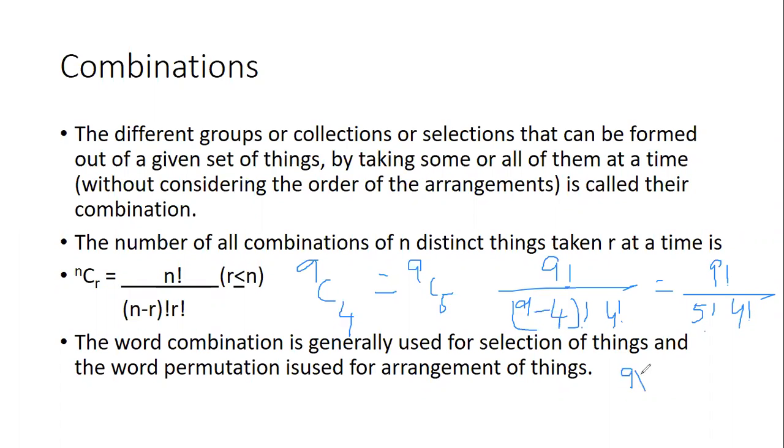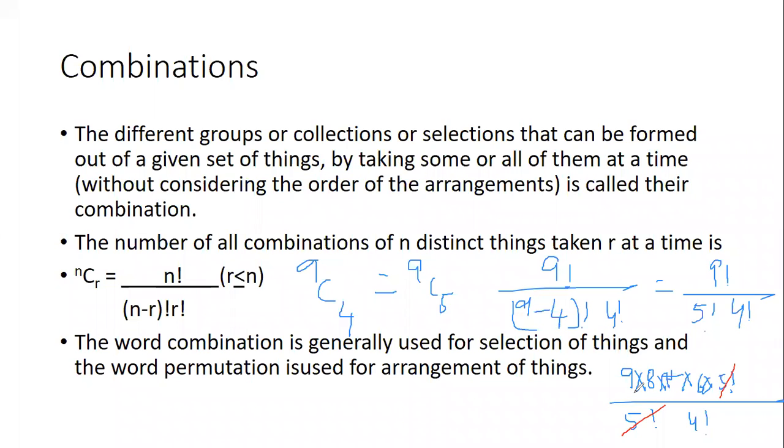So 9 into 8 into 7 into 6 into 5 factorial, divided by 5 factorial and 4 factorial. Now I can cancel 5 factorial and 5 factorial.